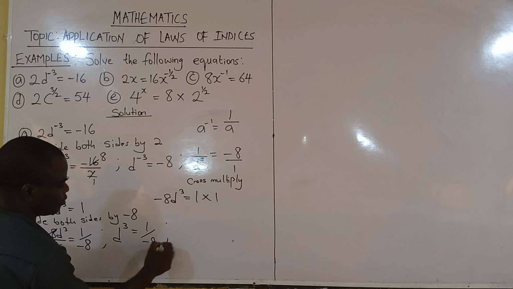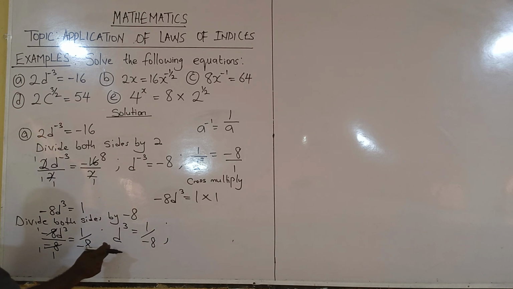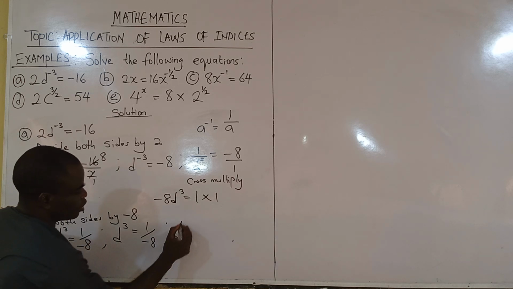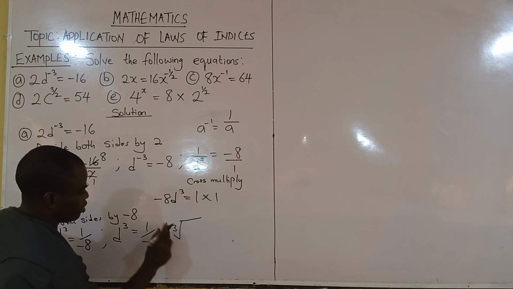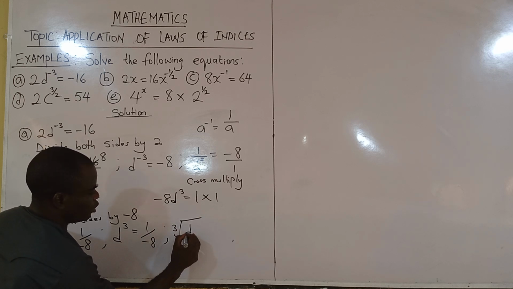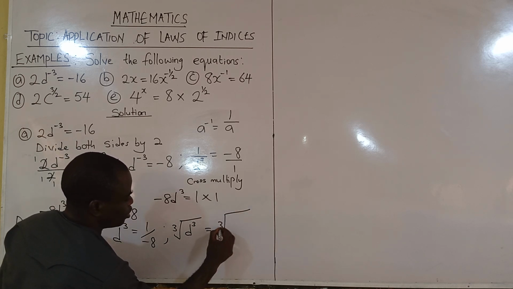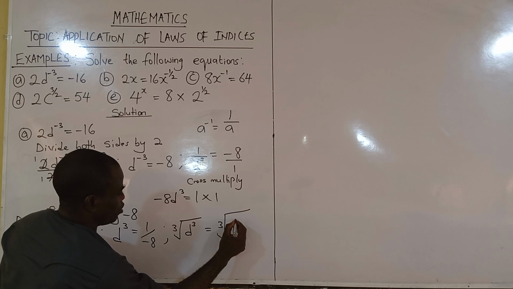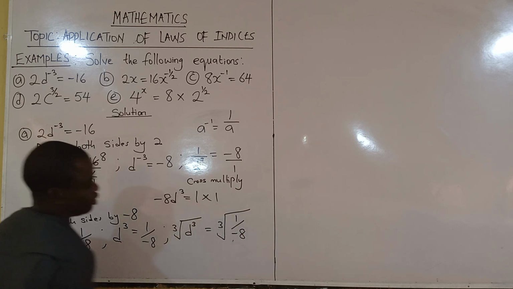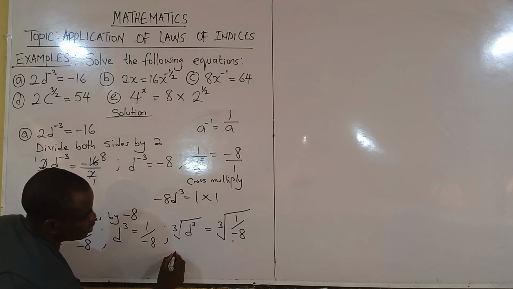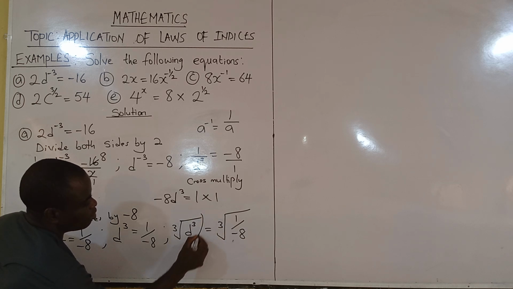From here, we have to find the cube root of both sides so that we can remove this 3. You have the cube root of d raised to the power 3 equals the cube root of 1 over minus 8. What this is telling us is that d raised to the power 3 has a 1 at the back.